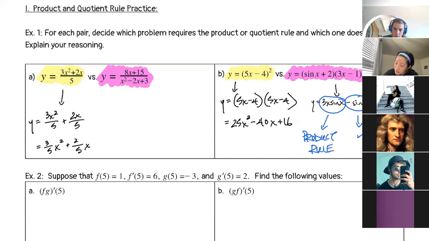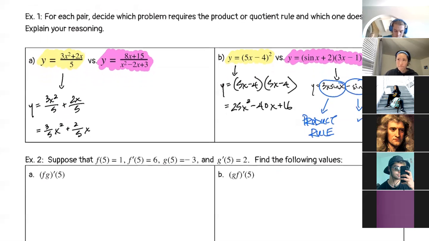So even though we simplified and multiplied everything out, we were not able to combine everything to the point where we didn't have any more multiplication. And since we didn't get to a place where we don't have multiplication, we still need the product rule. Okay. Any questions about example 1?